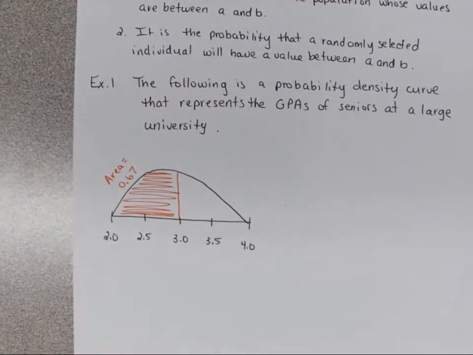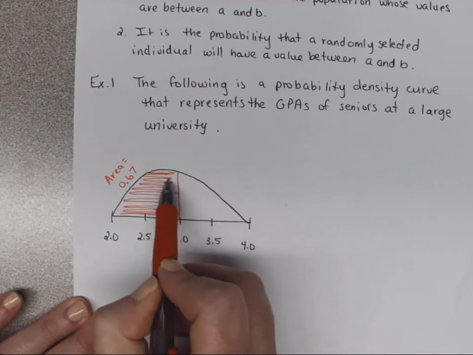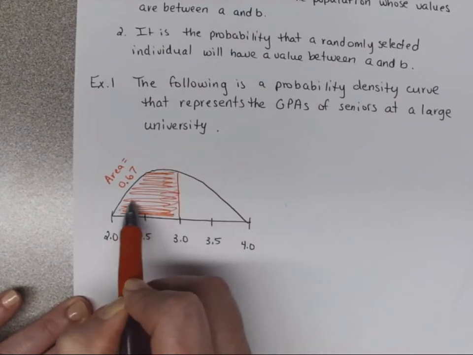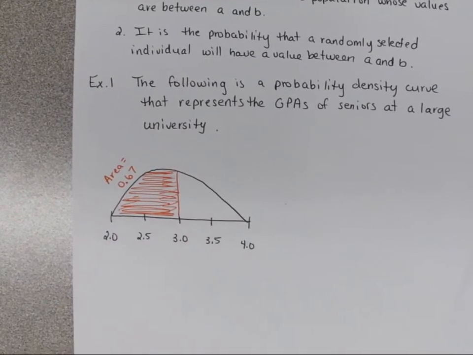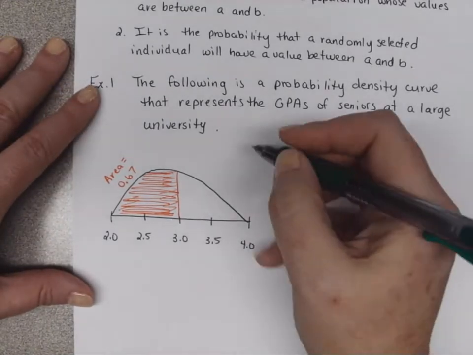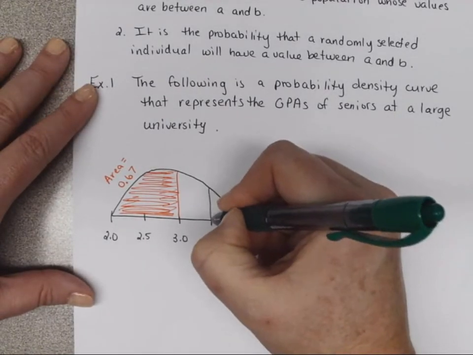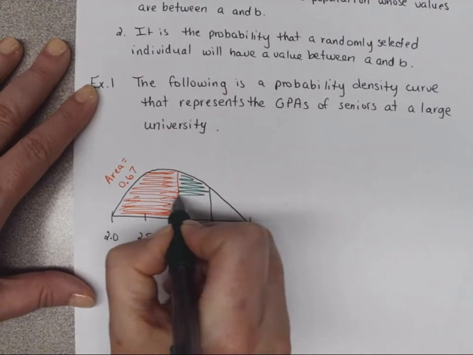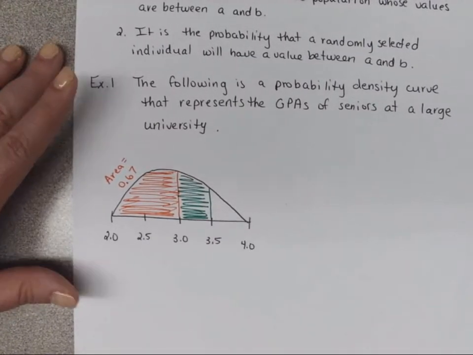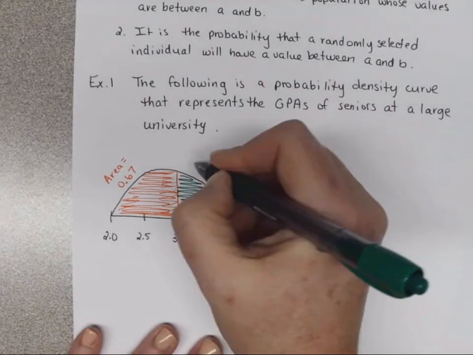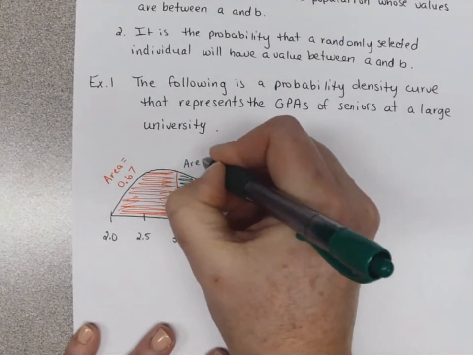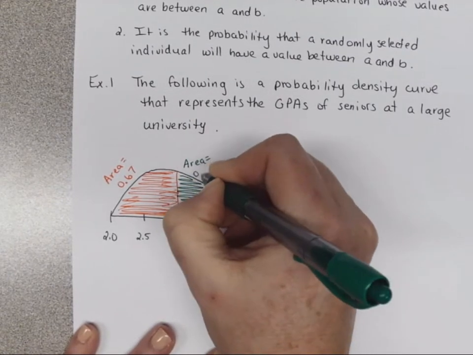Again, it's not a bell curve, so normally if it were in the middle, it would be half, but this curve isn't symmetrical, so it's not going to work out that way. And then maybe using an even different color, let's say that I also tell you that this area, the people between 3.0 and 3.5, is 0.24.